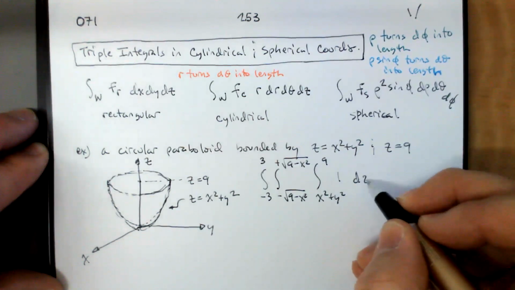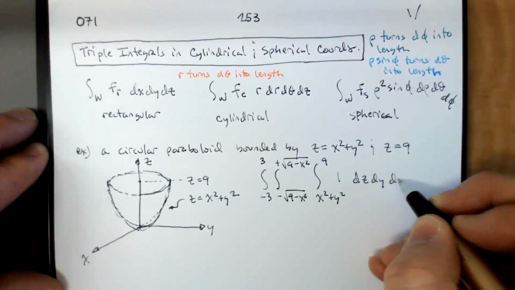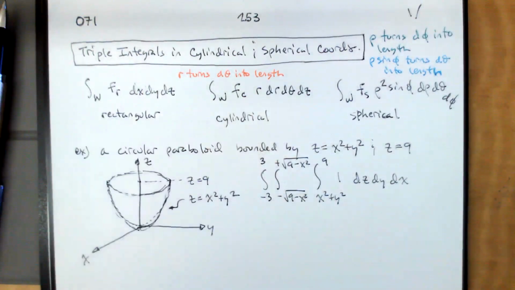Here we integrated dz, dy, dx. We calculated the volume by integrating the function 1. The integral over W of 1 dV will tell us the volume of the solid W. At each point in the solid, we're assigning the value of 1, and then dV is a volume.